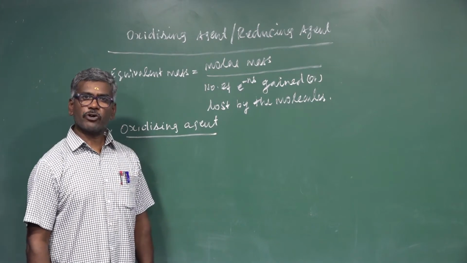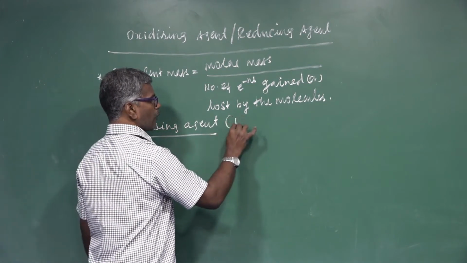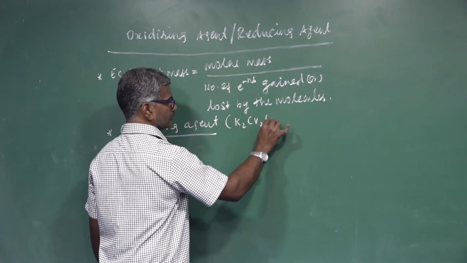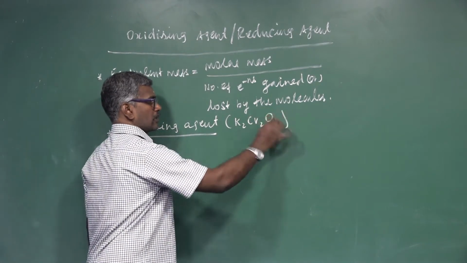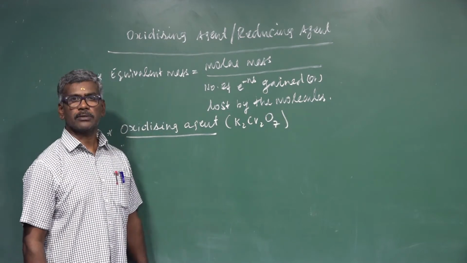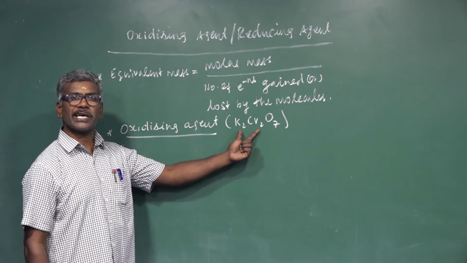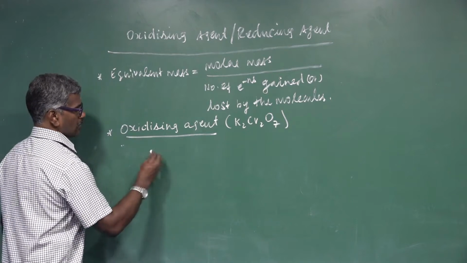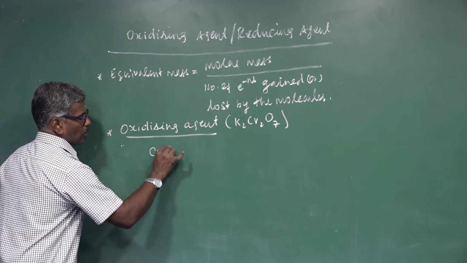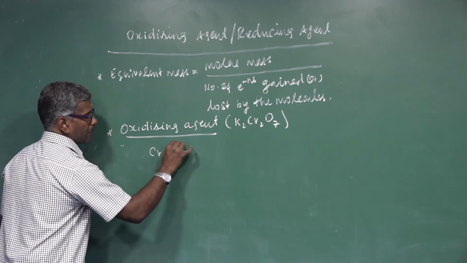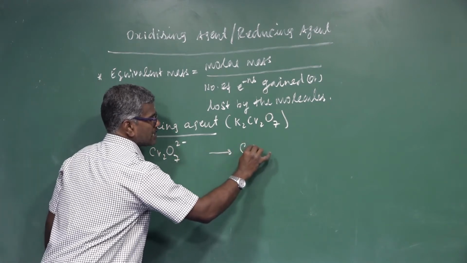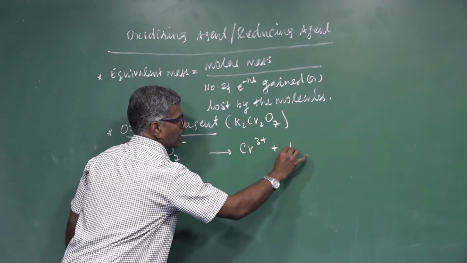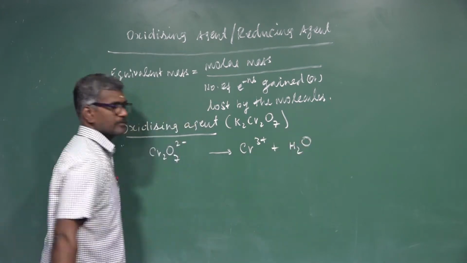The most powerful oxidizing agent is potassium dichromate. Potassium dichromate, potassium permanganate. Here we are discussing the compound potassium dichromate. Here dichromate ion is reduced to form Cr3+ and produce water.